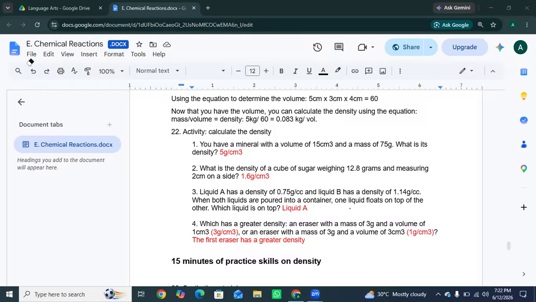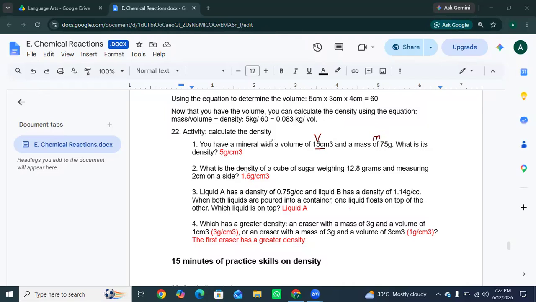Okay, students, here are the activities. You have a mineral with a volume V of 15 centimeters cubed and a mass of 75 grams. What is its density?